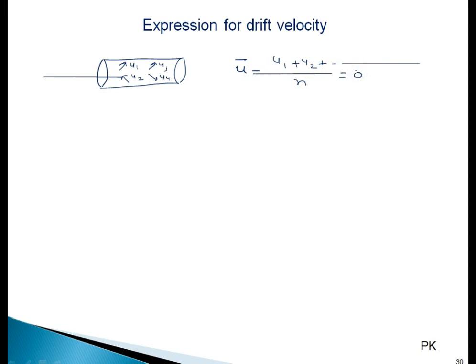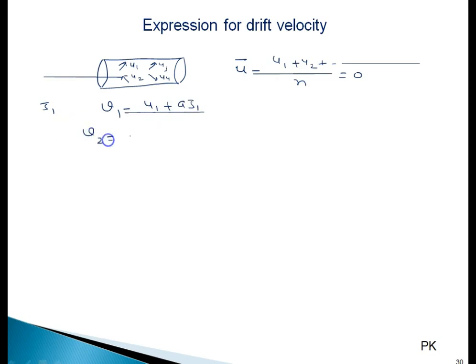Now you give the supply, the electrons accelerate, and we have discussed that the speed is the drift speed. Suppose the first electron accelerates for a time τ1, then the velocity of the first electron can be written as u1 plus a τ1.